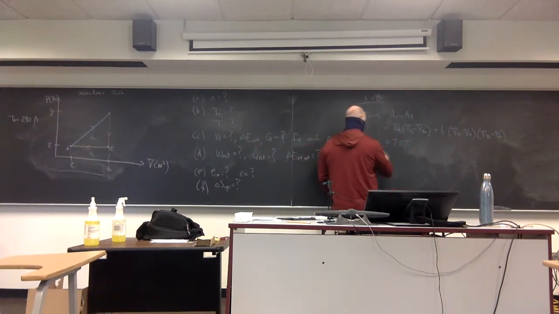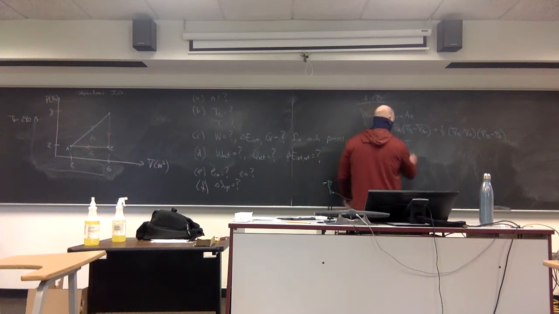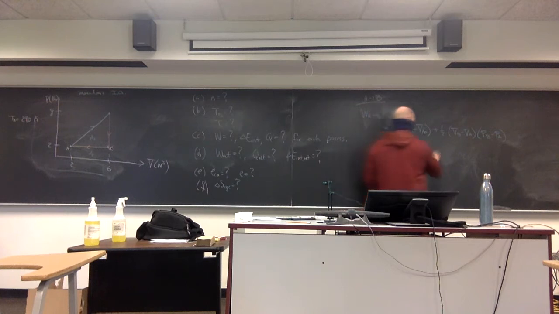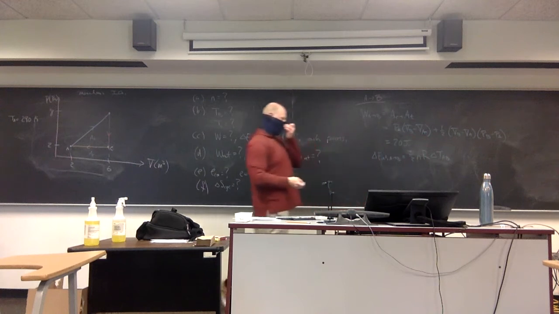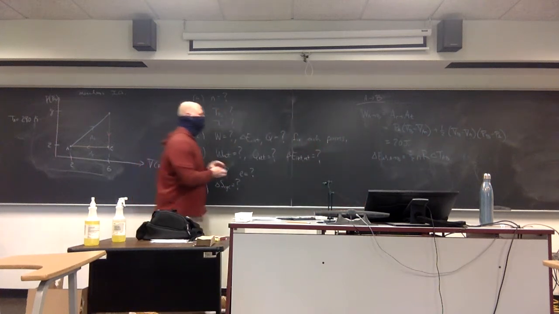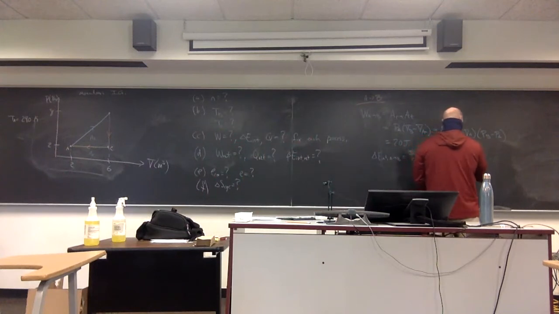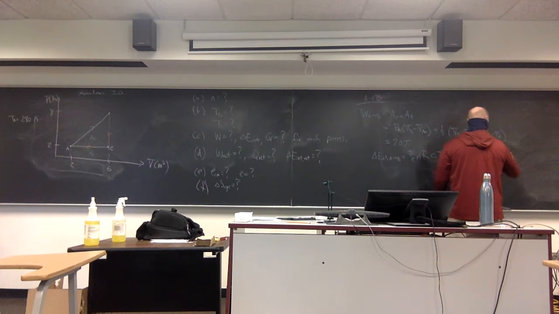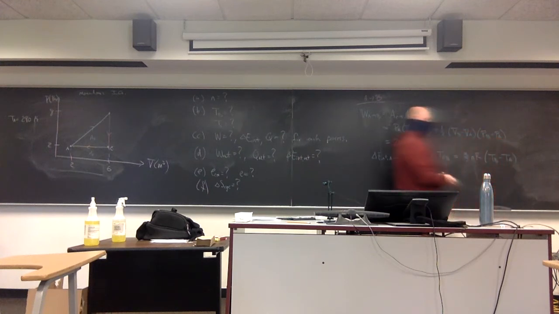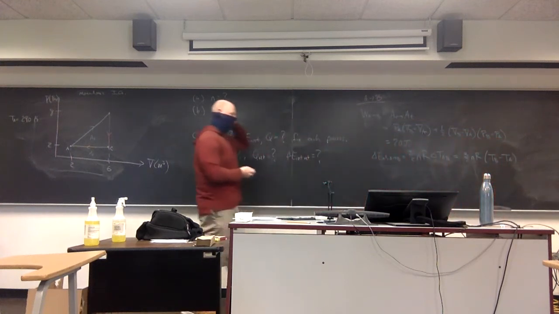So the change in internal energy going from A to B is equal to 3/2 times the number of moles times the universal gas constant times the change in temperature going from A to B. So this is 3/2 number of moles times the universal gas constant times the temperature at B minus the temperature at A.